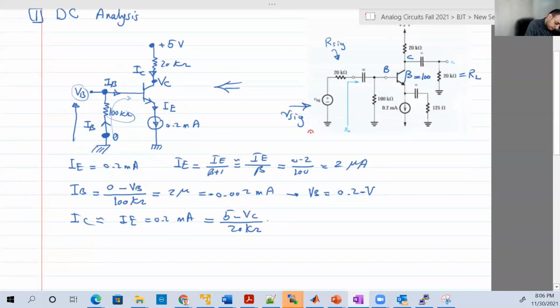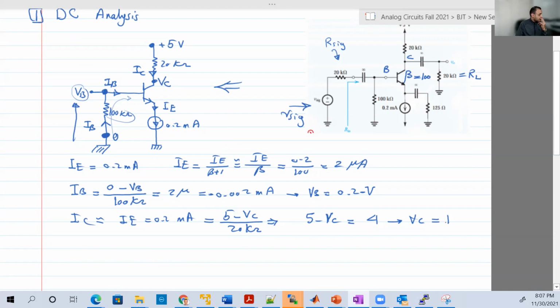Or we can say 5 minus VC equals 0.2 milli multiplied by the 20 kilo. Milli will go away with the kilo, and the 0 will cancel the point. So it will be 4. And from that, when you multiply by -1 and add 5, VC will be 1. 5 minus 1 is 4. Okay, that's basically VC.